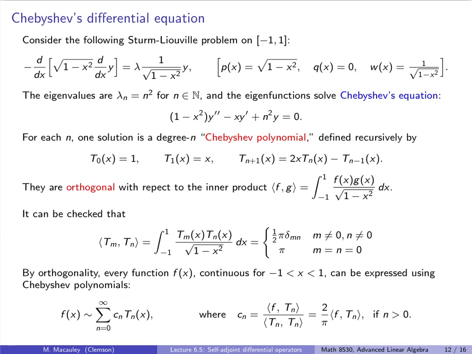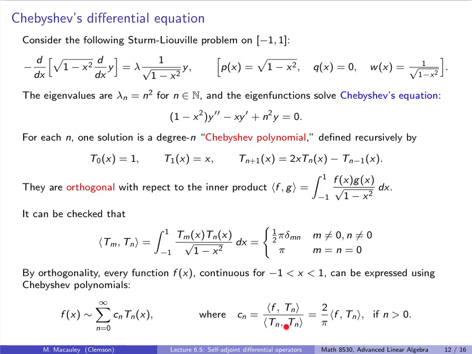Once again, I will use this convergent symbol instead of equals due to functional analysis technicalities that I will not get into. So f(x) converges to the infinite sum of C_n times T_n(x), where C_n is just the projection of f onto the nth Chebyshev polynomial. So that's the inner product of f with T_n divided by the inner product of T_n with itself.